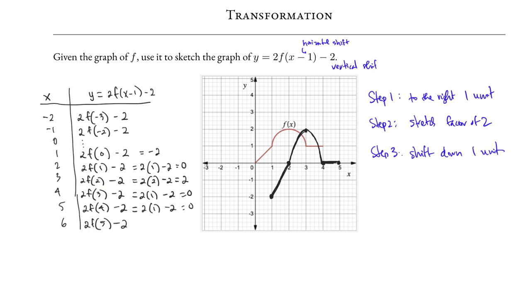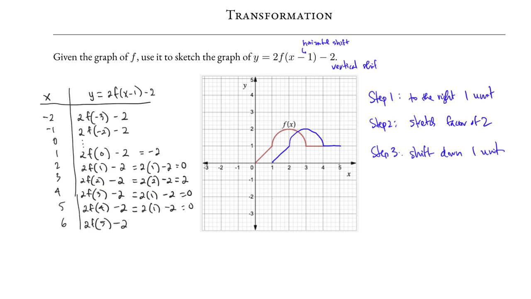If we were to do this step by step, then first we would move this graph to the right 1 unit. We just simply copy the same graph, but move it to the right, including the semicircle.